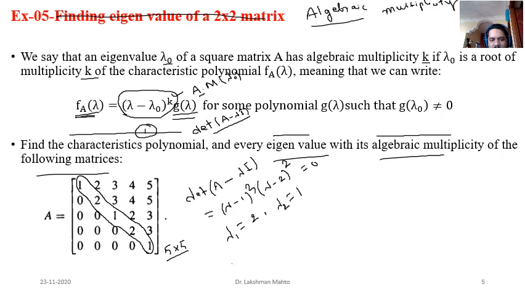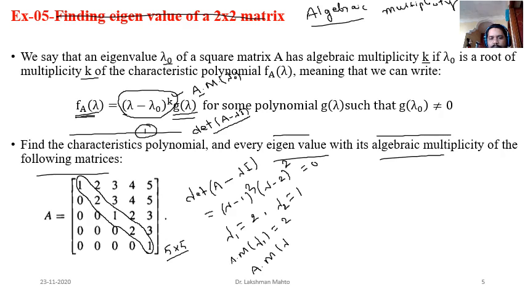So the algebraic multiplicity of eigenvalue 2 is 2, and the algebraic multiplicity of the eigenvalue 1 is 3, since it is coming 3 times.